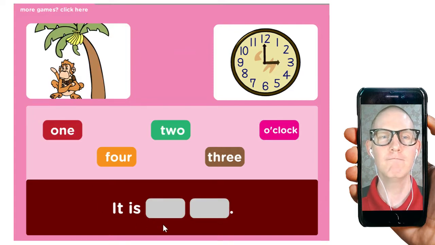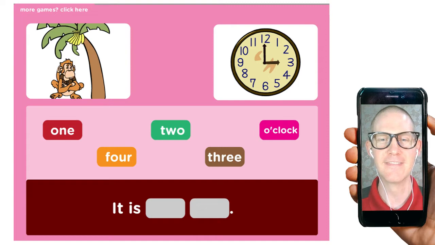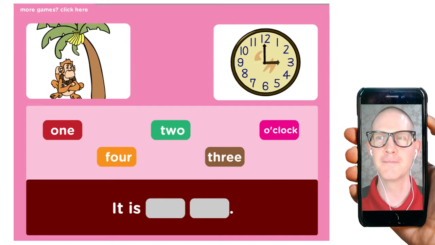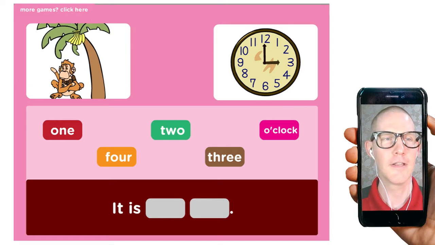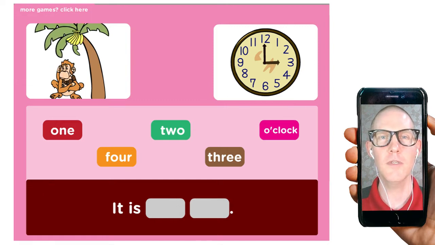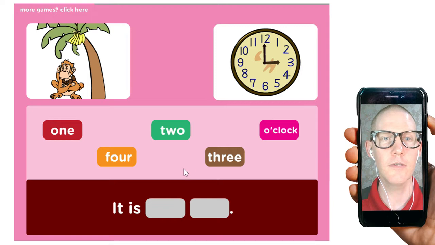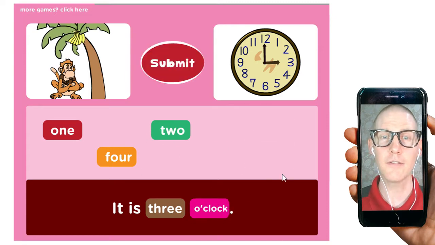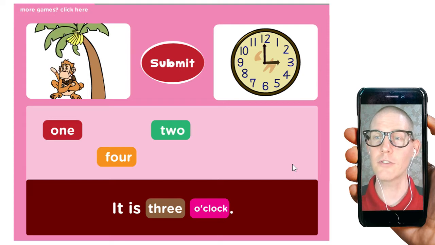It is... Okay, so we can take a look at the clock up here, and the shorthand is pointing to the 3 so that we know it's 3, and the longhand is pointing straight up to the 12, so it's 3 o'clock on the dot. Or the other one was 3 o'clock sharp.